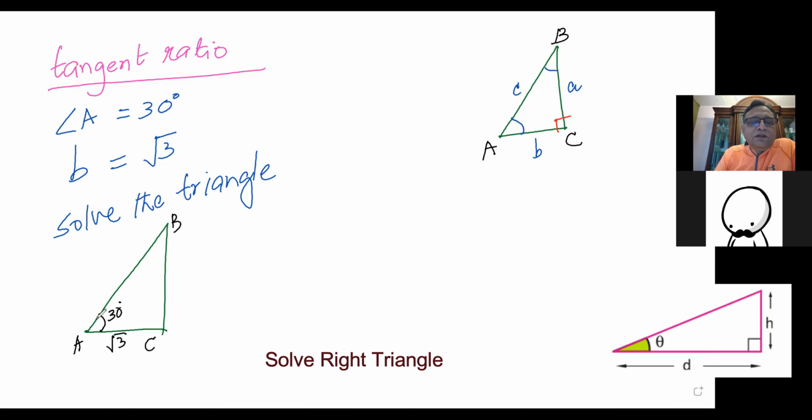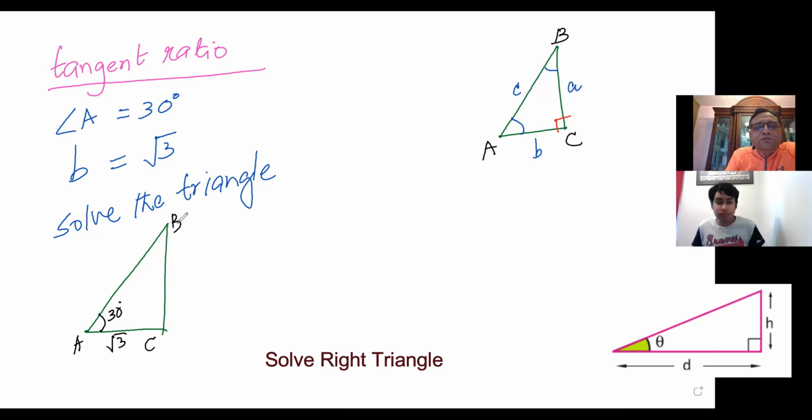Yes, sir. Now, in this particular triangle, can you find what BC is? Side BC, sir. So if it's angle A, we know that this is the opposite side, and what we are given is the adjacent side, correct?